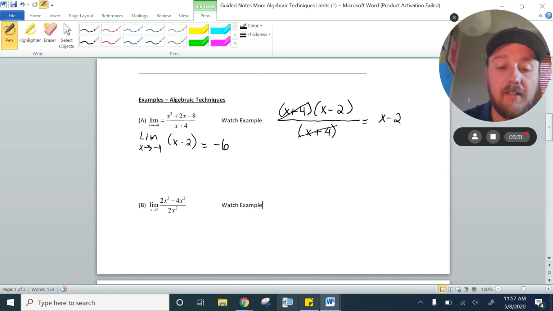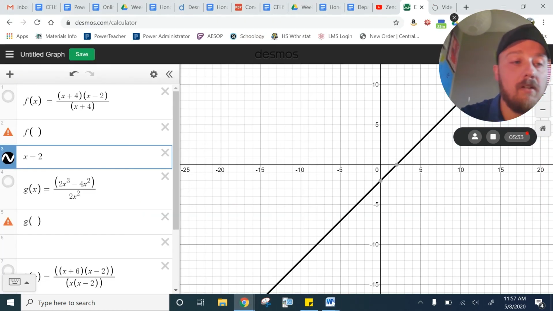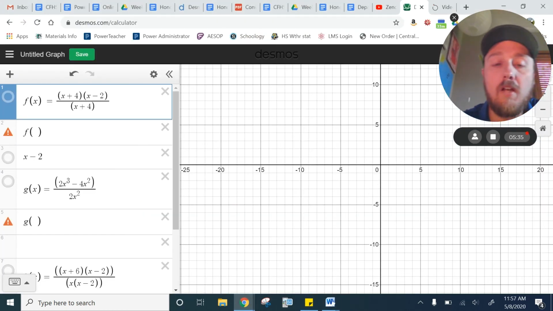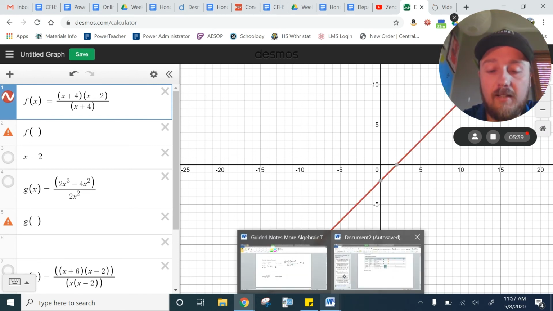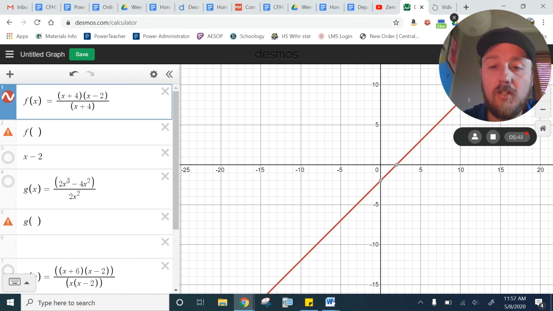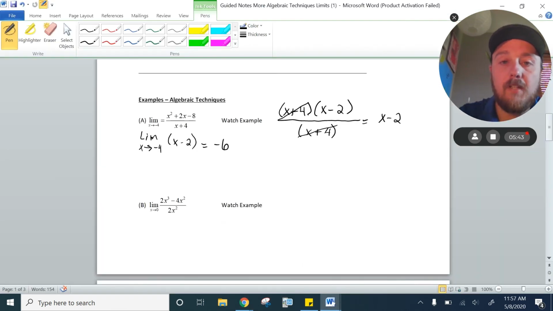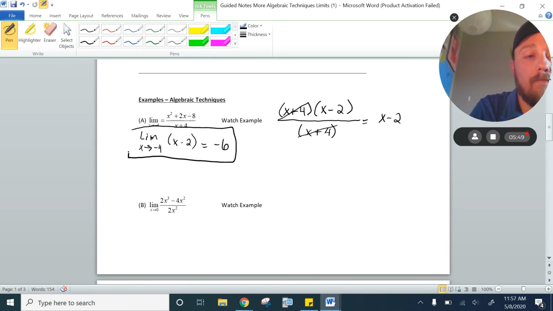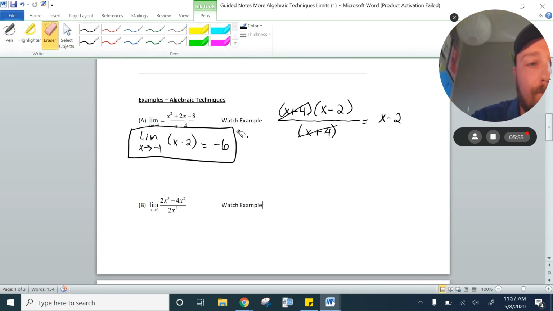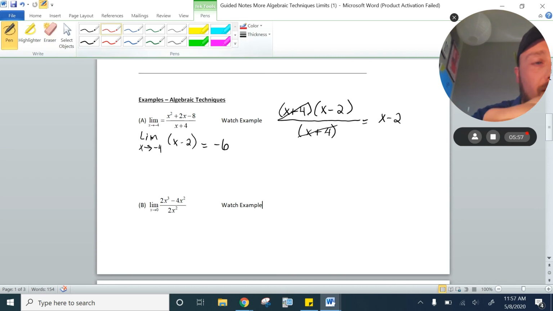But both graphically through Desmos, as well as using that idea of switching the equation to just be x minus 2, we find that our limit is, now I should say, let's do this. Because the question at hand was not finding the limit of x minus 2.